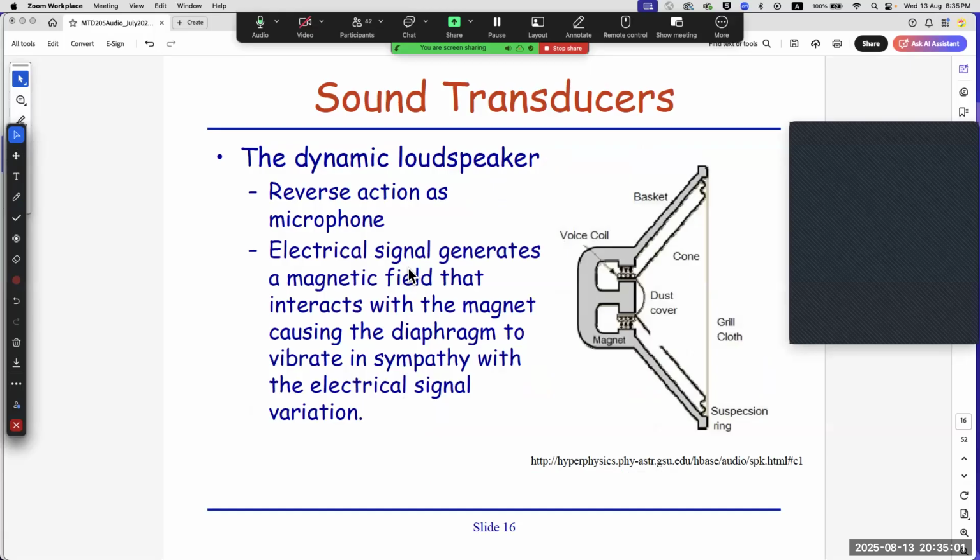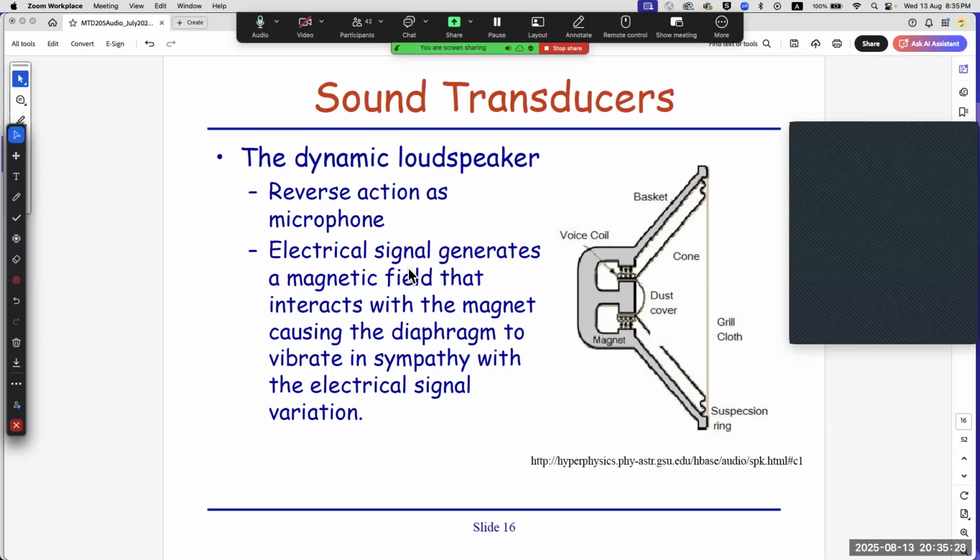Then the other transducer that we're going to talk about is the loudspeaker. Just now we used the microphone. When you sing, it picks up from your vocal cord the sound pressure level and converts it to an electrical signal, then transmits it for manipulation. On the other hand, the loudspeaker is the reverse.